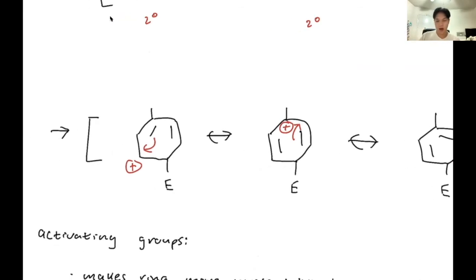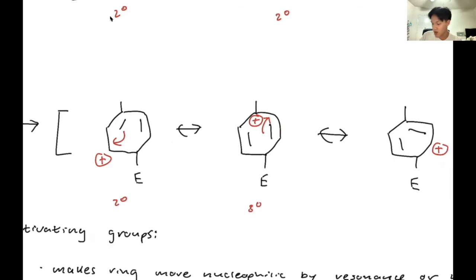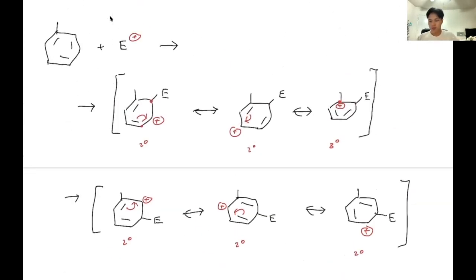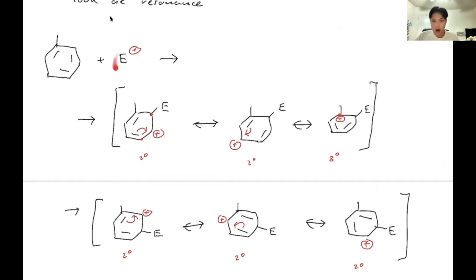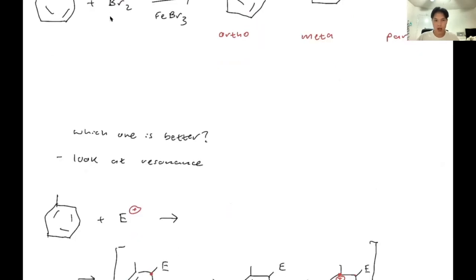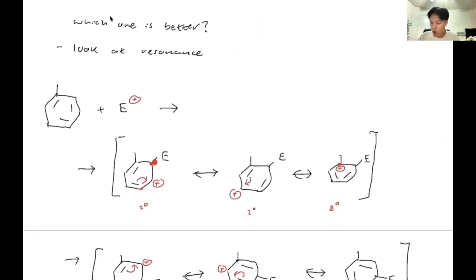So again, let's classify our carbocations, sorry. This is a secondary, right? This is a tertiary, and this is a secondary. So let's see what happened here. If our electrophile, if our bromine, right, is added ortho, we have a tertiary carbocation intermediate, even though with resonance, right?